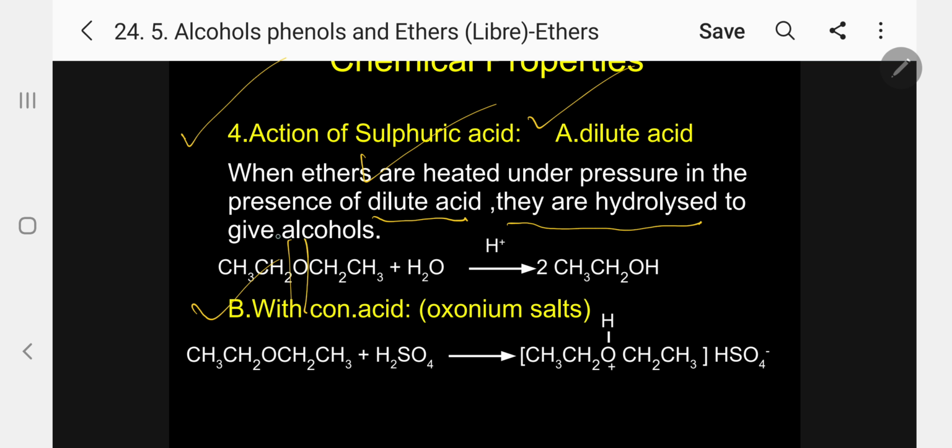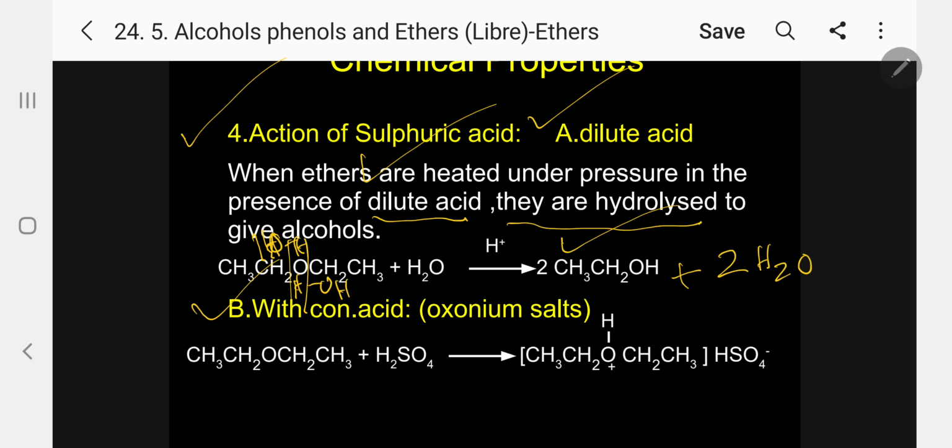What is happening now? OH, H, and the same way H, OH. So what will happen now? In between is water, and on both sides alcohol. So 2 moles of ethyl alcohol and correspondingly 2 water molecules are formed. So we are getting ethyl alcohol.